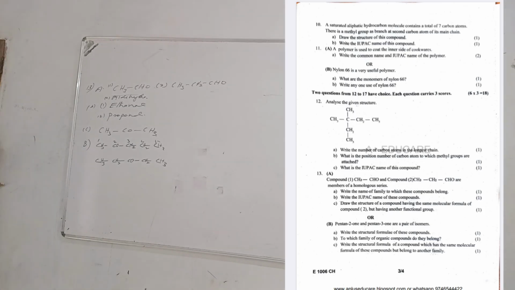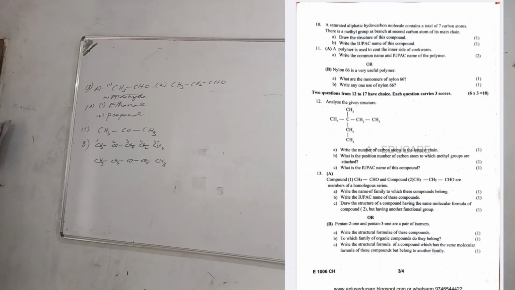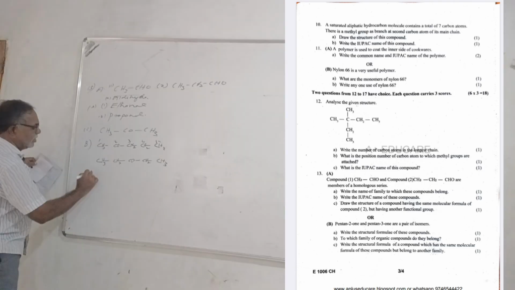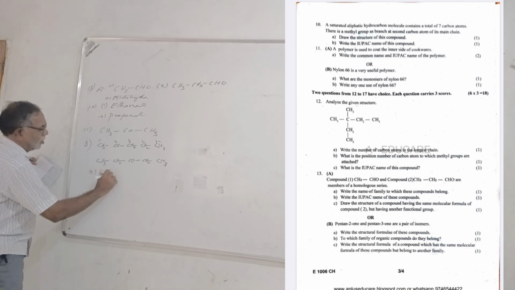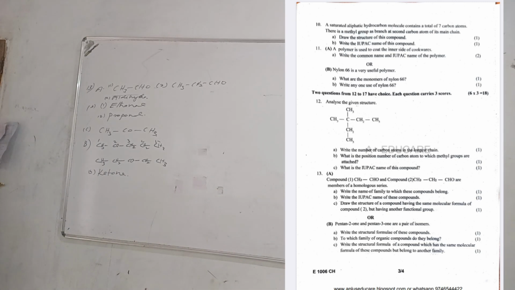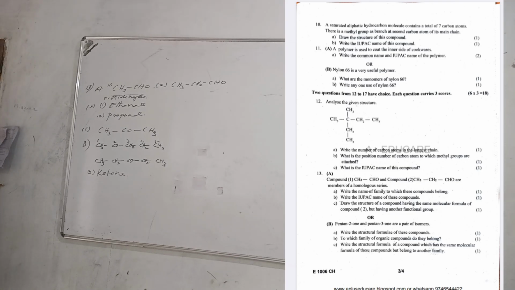This is the structural formula of pentan-2-one and pentan-3-one. To which family of organic compounds do they belong? CO, the answer is ketone.